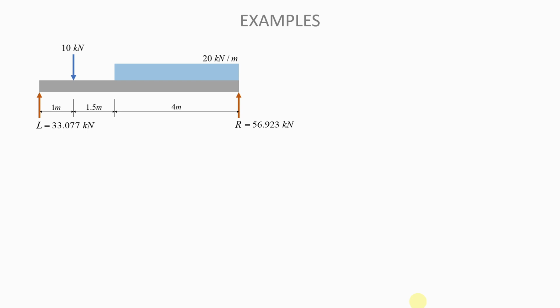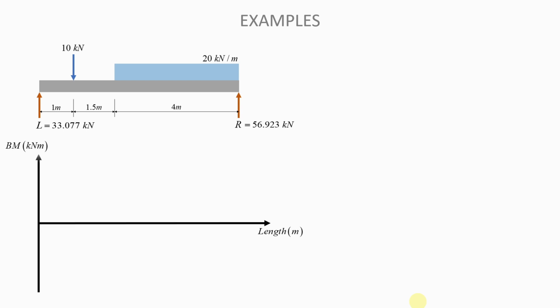Now, let us draw the bending moment diagram. Again, we have this like this, and we have our points of interest like that. Okay, so now to draw the bending moment diagram, again, you will remember that we make cuts from left to right.